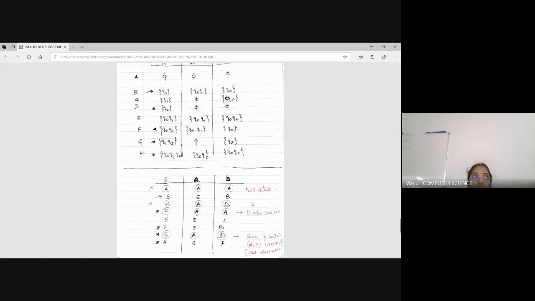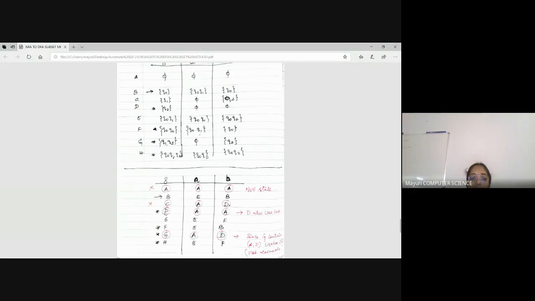Now, which are the two not reachable states? A and D. Correct or not? Yes, ma'am. Now, which is the state going to A and D? That is also not reachable. You see C? Right? A and D. I have identified A is the null state. Since D is also going to A on both the transitions, it has to be both, not one.